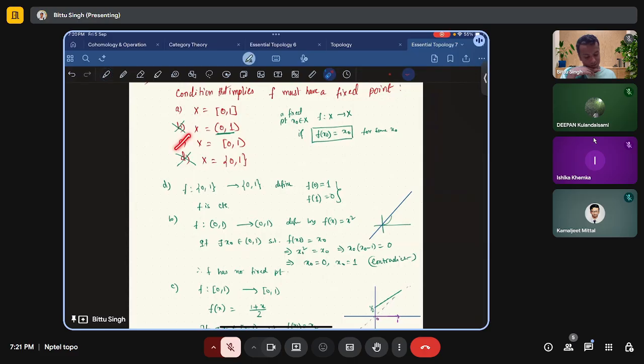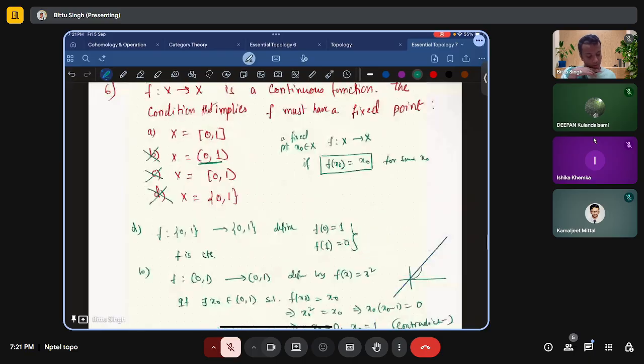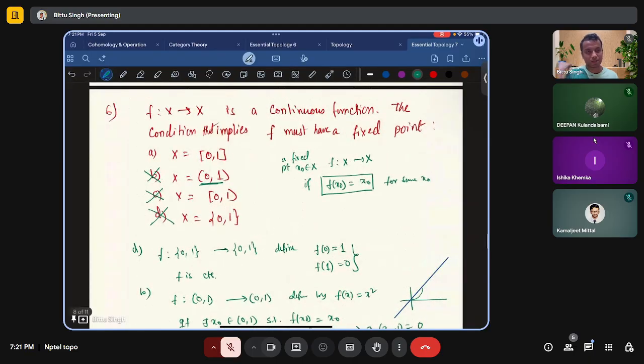There are some functions on [0, 1) for which it does not mean that f has a fixed point. So now can we prove or disprove that for the closed interval [0, 1], f must have a fixed point?